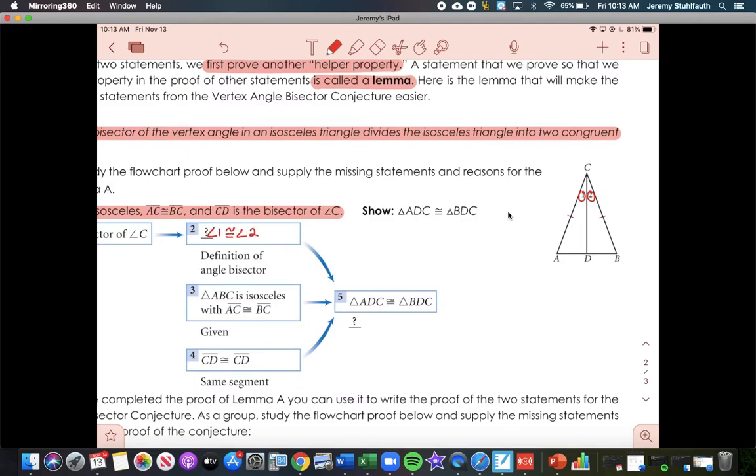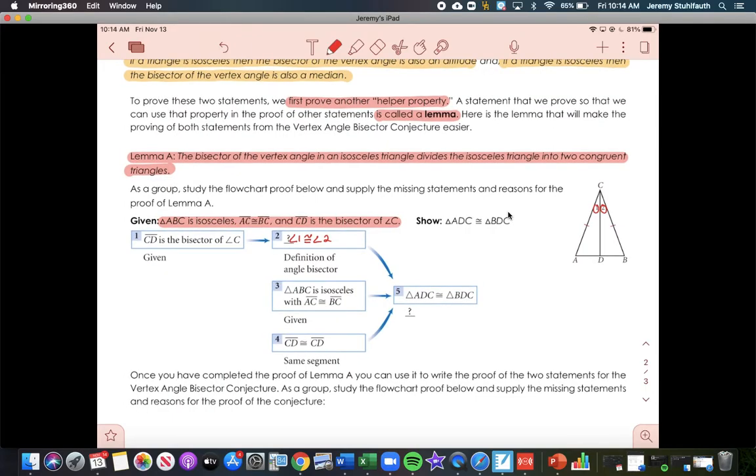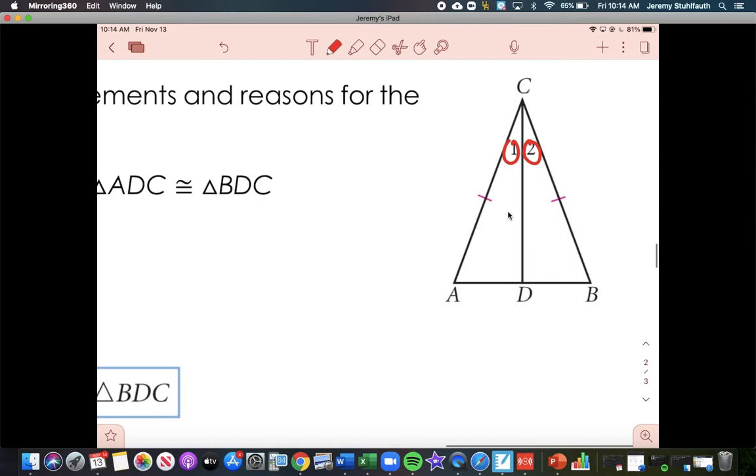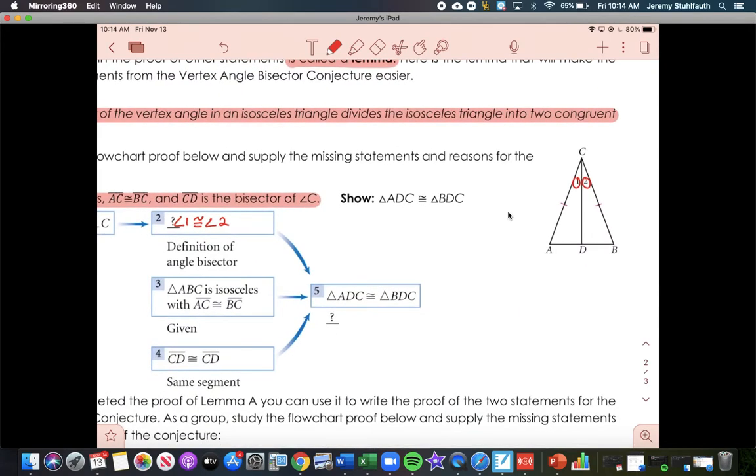Now, we also know that triangle ABC is isosceles with AC congruent to BC. Why do we know that? It's given. And remember, we also said on the smartboard that CD is congruent to CD because they share that side. It's the same segment.